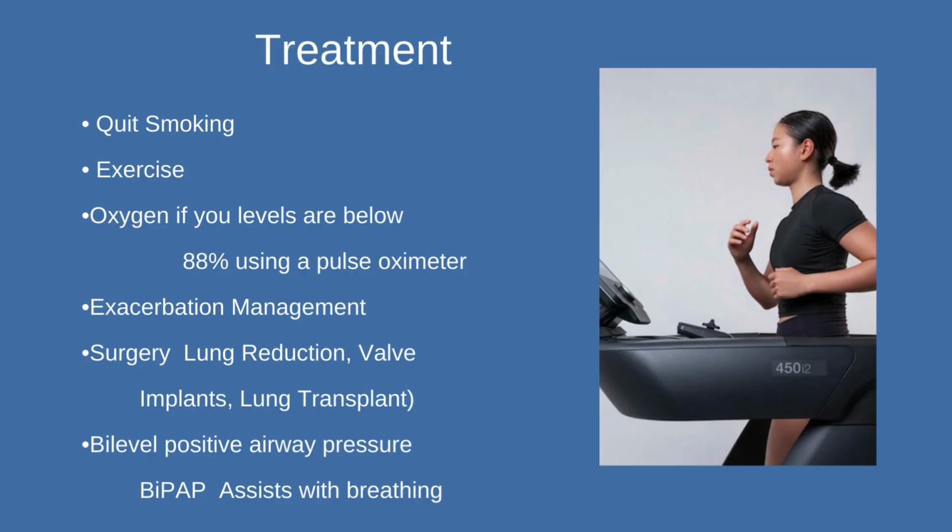In severe cases, if you develop a lot of emphysema, you can have surgery where they remove part of the lung that's diseased, allowing for better airflow to the healthier tissues. Valve implants are a one-way valve that allows air to go in one direction and eventually deflates the diseased part of the lung.